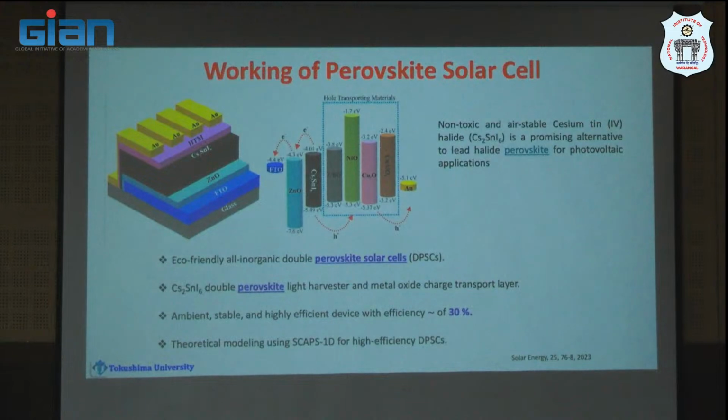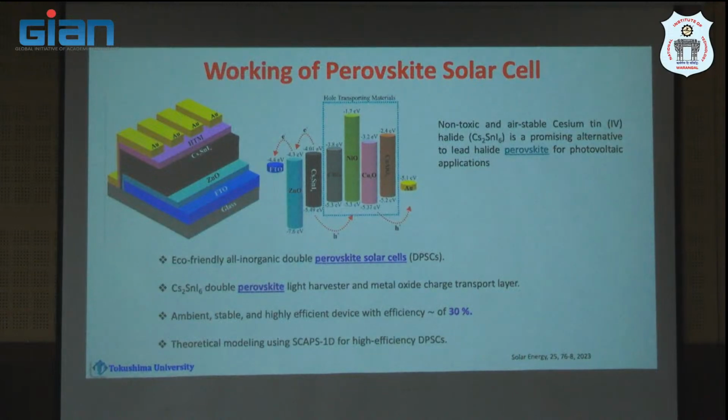If you see the combination, they are all inorganic material. Organic material is not good for this application. So inorganic material is used to make the perovskite solar cell, and this material can be light in weight also. They are stable and show good efficiency, better than 30%.